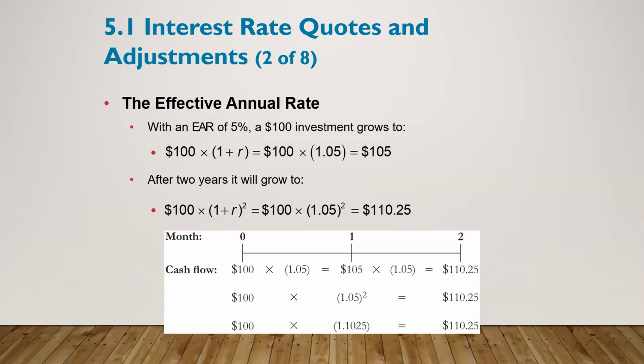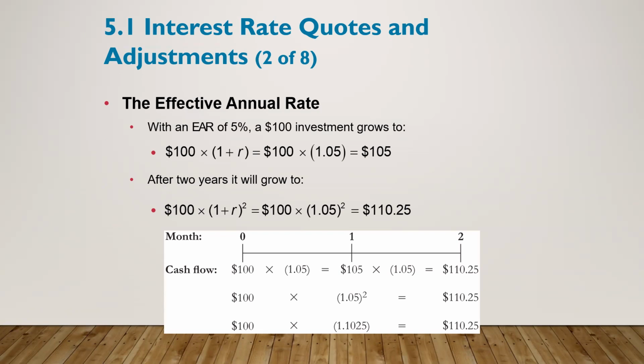Now, interest rates are commonly presented as an effective annual rate, or EAR, or annual percentage yield, like I mentioned, APY, it signifies the total interest earned over 1 year.